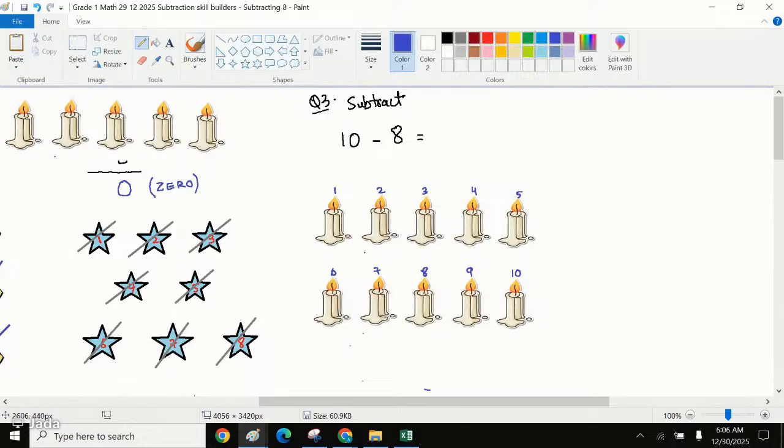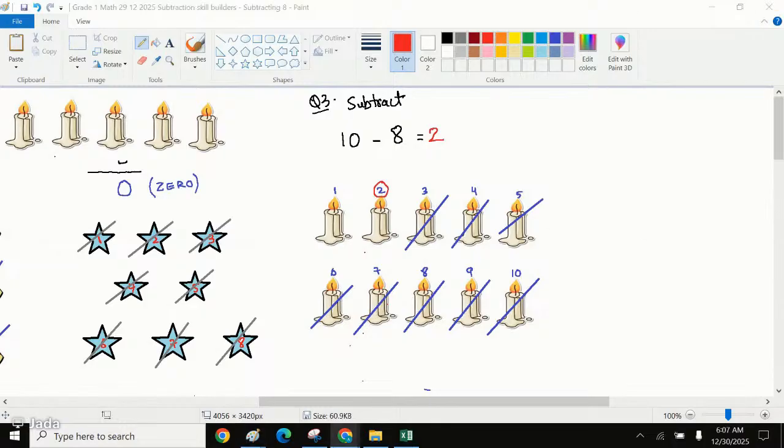Yes, thank you. We would be left with 2 candles in the end. That means 1, 2, 3, 4, 5, 6, 7, 8, and we are left with 2 candles. 10 minus 8 would always be equal to 2.